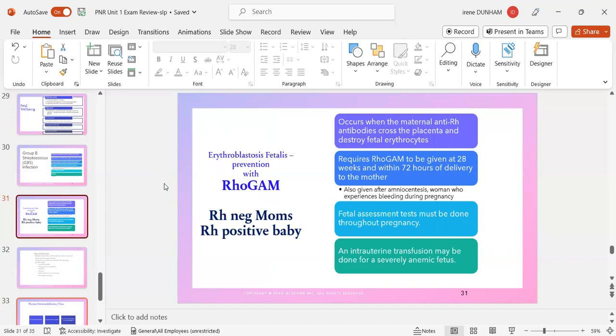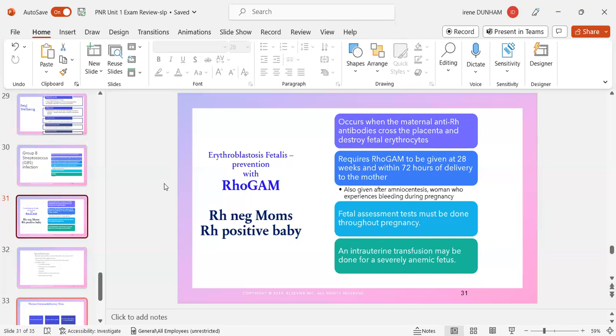What you want to remember is they don't use the term Rogaine. They call it RhD immune globulin. And now you probably see that in your reading. So again, what are you going to give her? RhD immune globulin, or Rogaine?